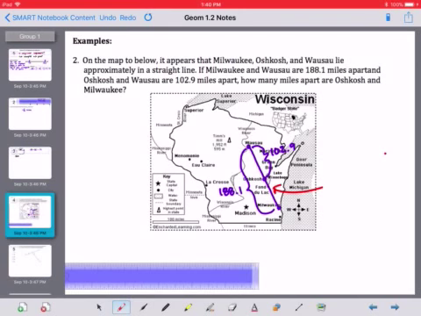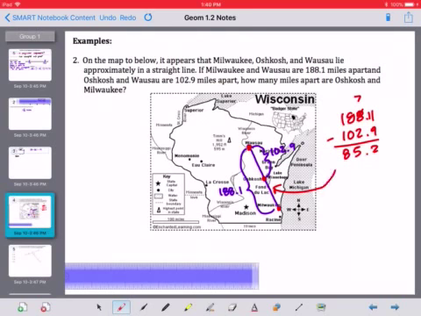We know that these segments have to add up to 188.1. So if we do 188.1 minus 102.9, let's borrow here, we get 85.2 miles.